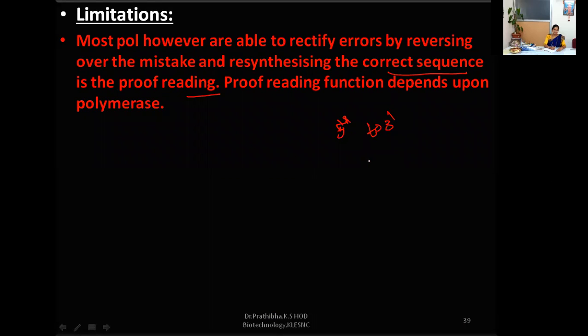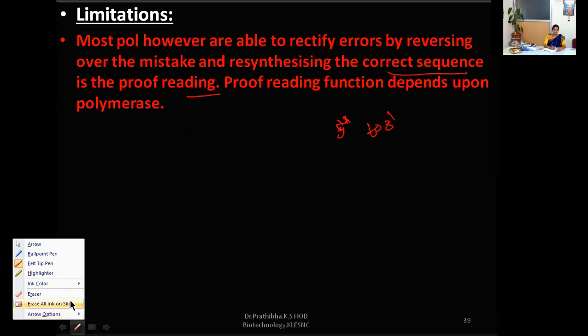But this particular enzyme lacks proofreading. Taq DNA polymerase lacks proofreading, but most of the other DNA polymerase enzymes have it. They correct errors by going in the 3 prime to 5 prime direction.